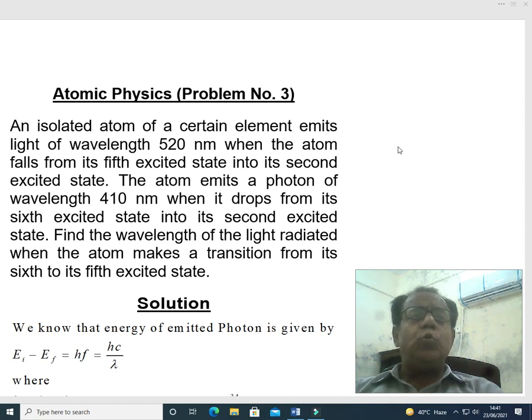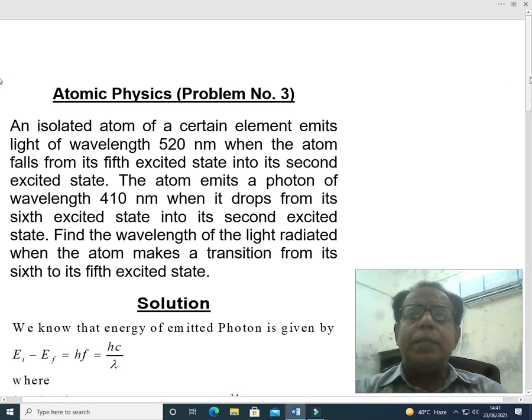E5 minus E2 first, then E6 minus E2, while we are concerned in the last portion of the problem with E6 minus E5. Now we come towards its solution.